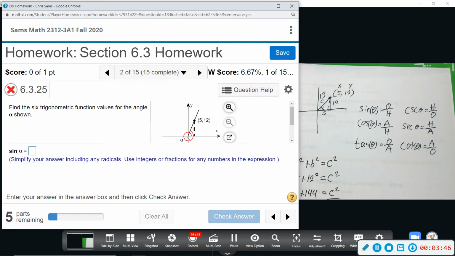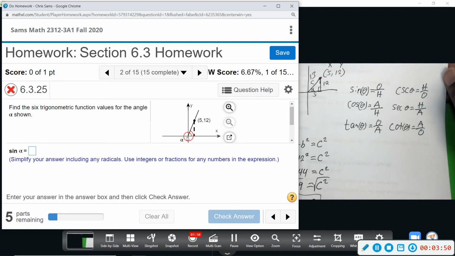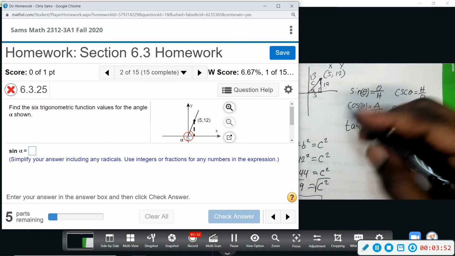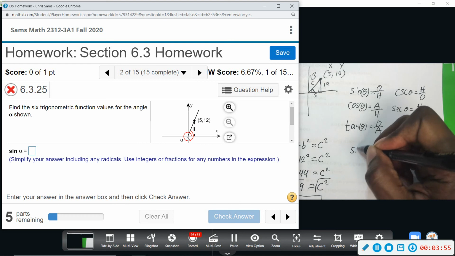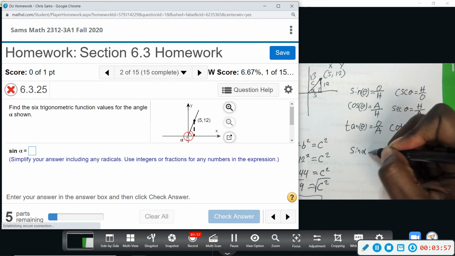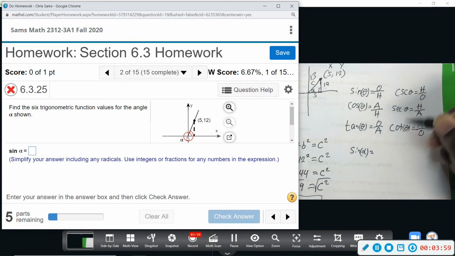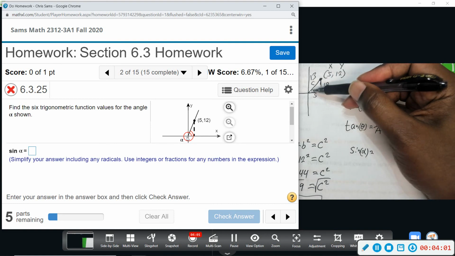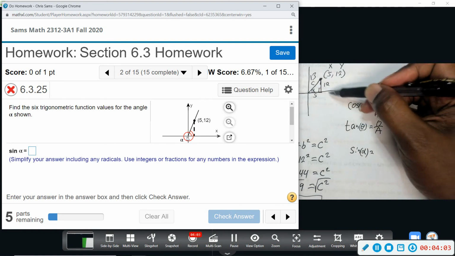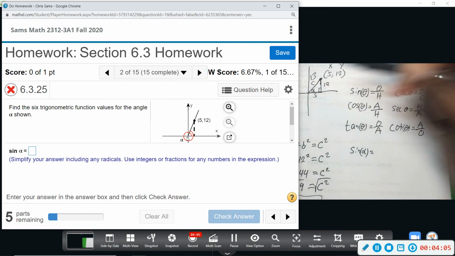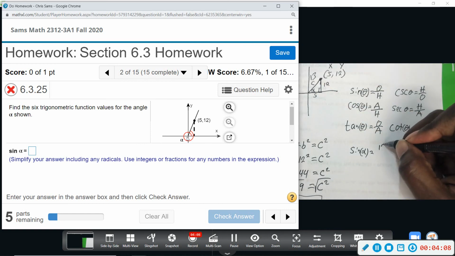Based on this, we can fill in the rest. Sine of alpha is opposite over hypotenuse. Opposite is 12, hypotenuse 13, so 12 over 13.